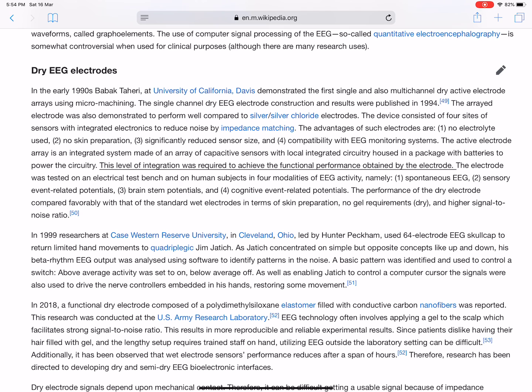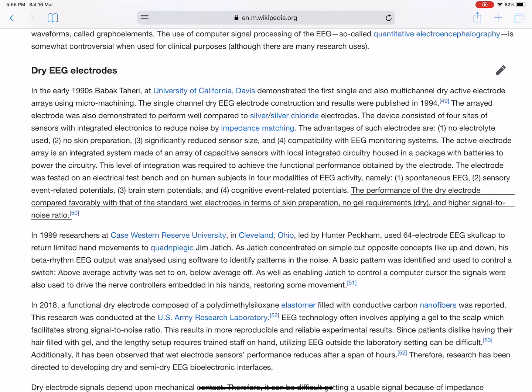The electrode was tested on an electrical test bench and on human subjects in 4 modalities of EEG activity, namely spontaneous EEG, sensory event-related potentials, brainstem potentials, and cognitive event-related potentials. The performance of the dry electrode compared favorably with that of the standard wet electrodes in terms of skin preparation, no gel requirements, and higher signal-to-noise ratio.